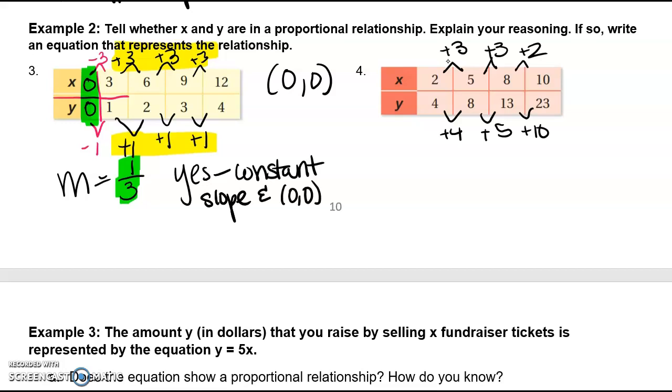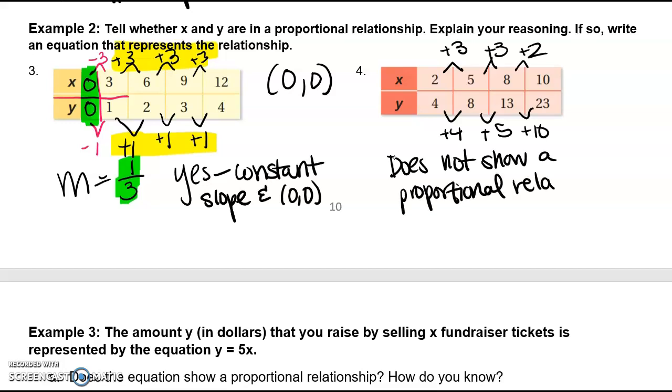Okay, and you also can't extend the table to see if it passes through the origin because it doesn't have a constant slope or a straight line. So right away, this does not show a proportional relationship because it does not have a constant slope.